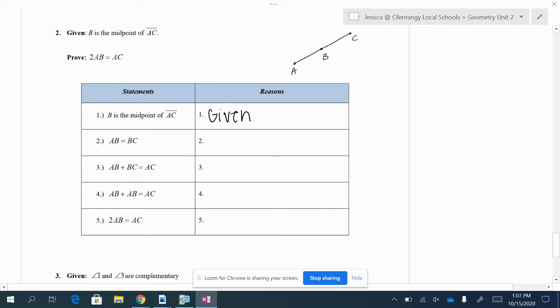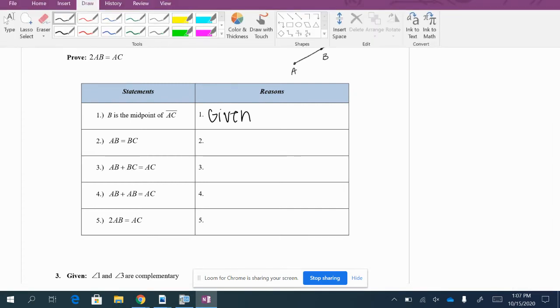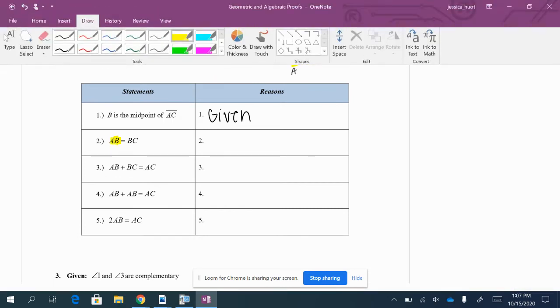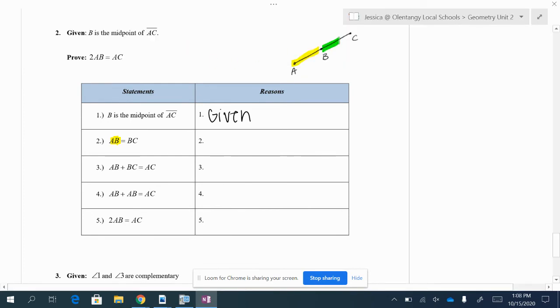And then my next statement says AB is equal to BC. Well, let's look at this. AB, right here in yellow, is equal to BC in green. Well, I know that that is true because they told me that B is the midpoint, and a midpoint cuts the segment exactly in half.